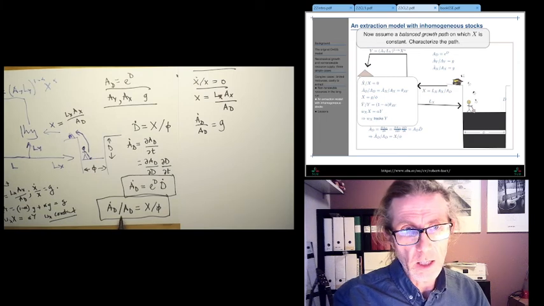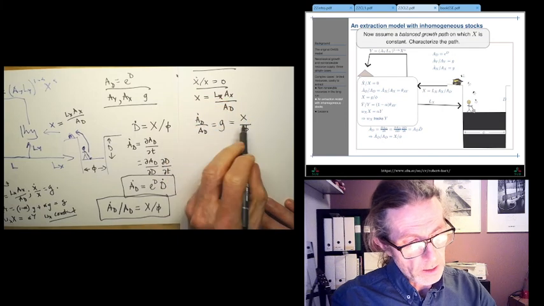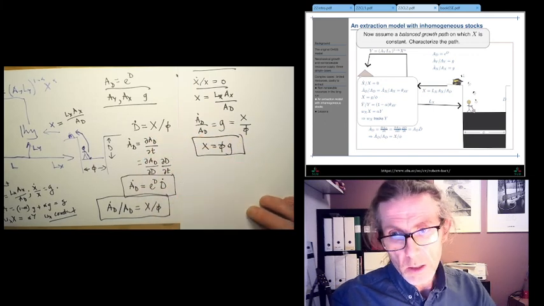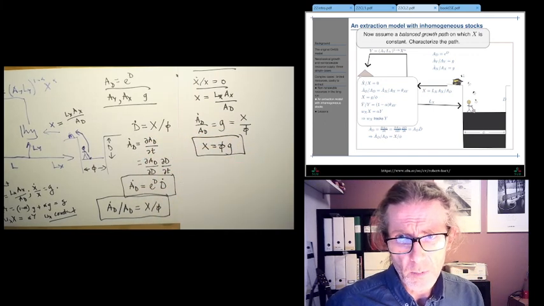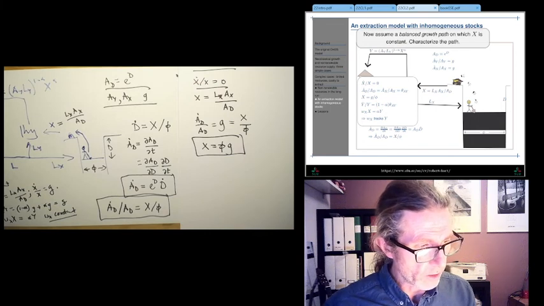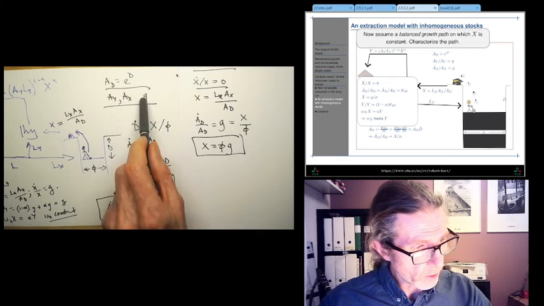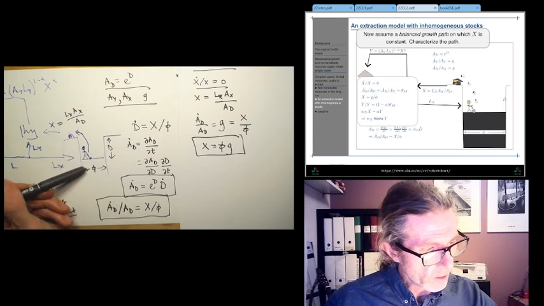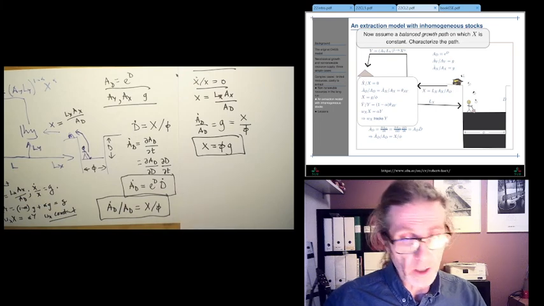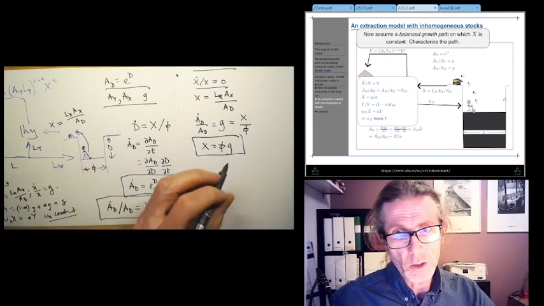We worked that out earlier, so we know that X over phi is G, X is phi times G. So there's a particular rate of extraction, phi times G, where phi is that surface area and G is the growth rate, at which the increase in depth is just right to make the price grow at the right rate to keep extraction constant.